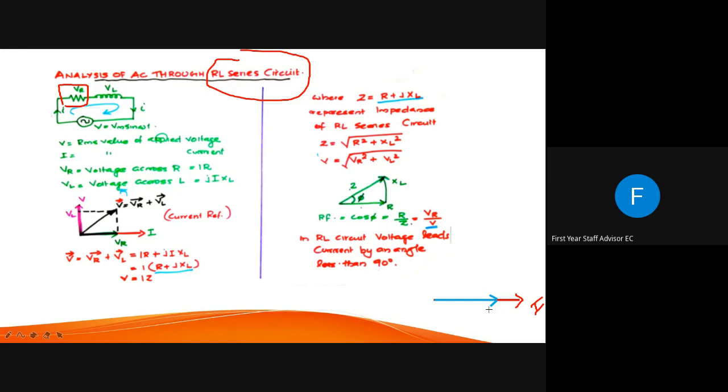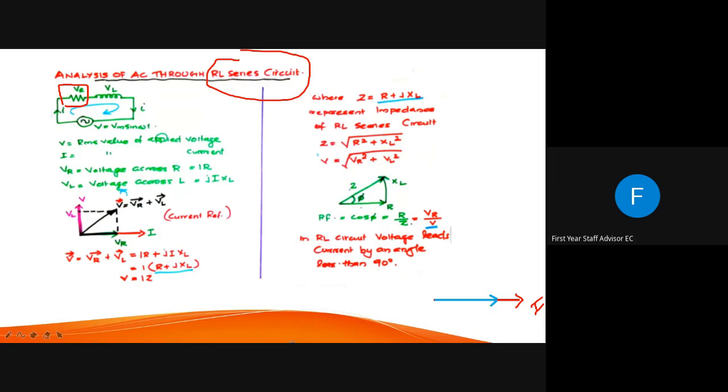So with respect to I, first I have drawn the I phasor, and I know that there is no phase difference between voltage and current. So I have drawn the voltage phasor of the resistor exactly on the current phasor.